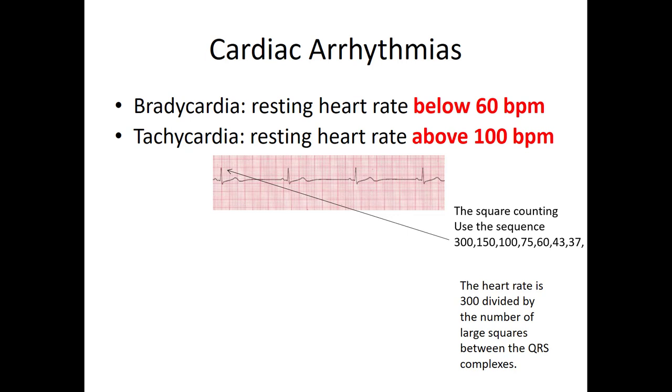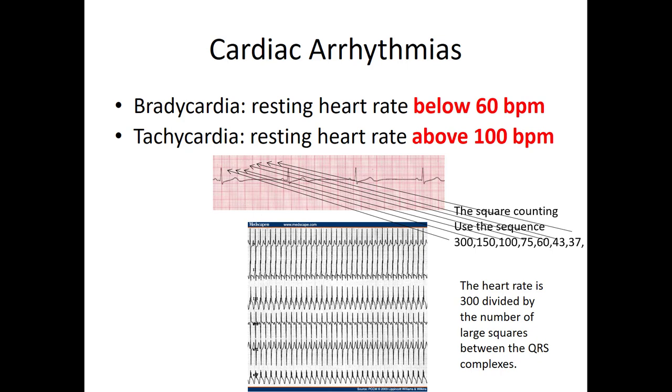So 300 divided by one box, heart rate 300. And the second box, so 2 boxes, heart rate 150, then 100, 75, 60, 43, 37. But we couldn't see QRS yet, right? It means this heart rate is really slow, so we call it bradycardia.